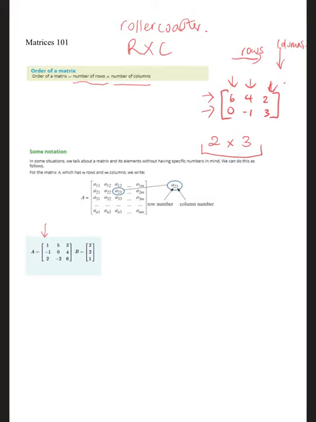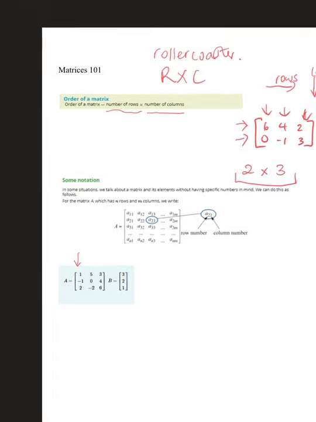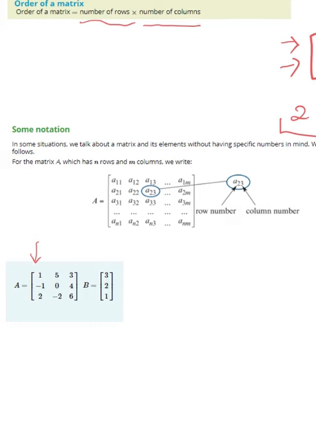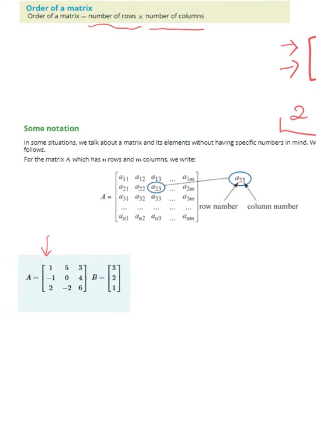Some notation. If we've got a matrix and I've given it a name of A, so the name of my matrix is capital A, each of the positions within my matrix have the letter also A, but it's a lowercase, and we use 2 numbers to represent its position.